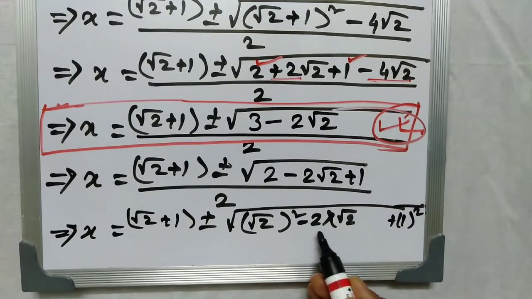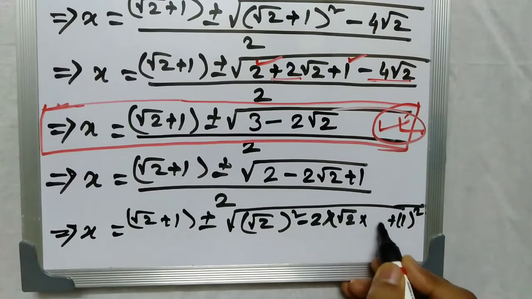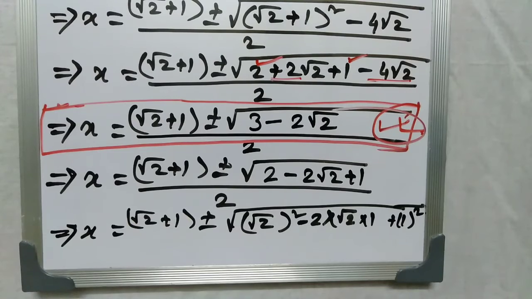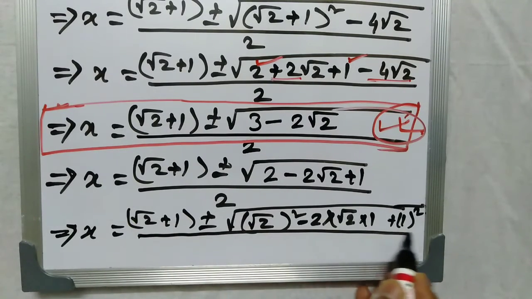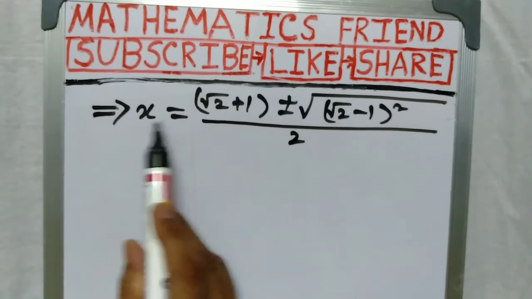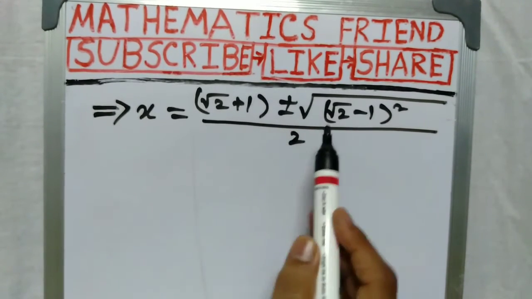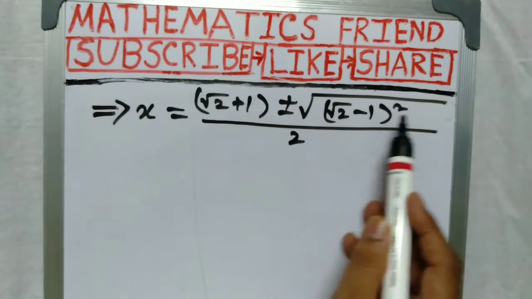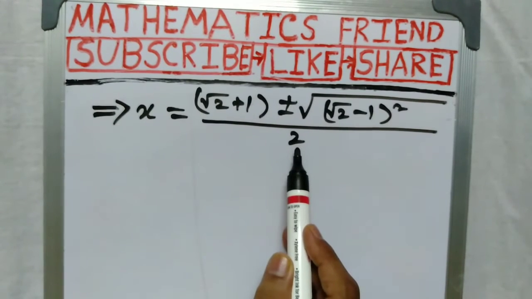So minus 2 into root 2 into 1, by 2. So it becomes x is equal to root 2 plus 1 plus minus square root of (root 2 minus 1) whole square, by 2.